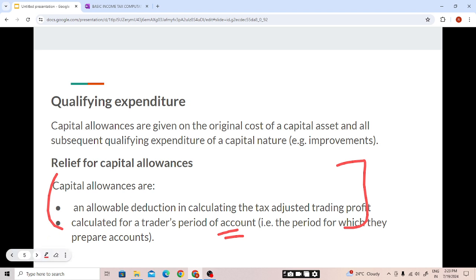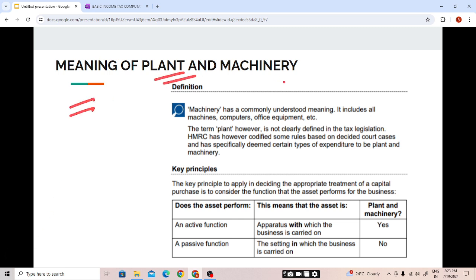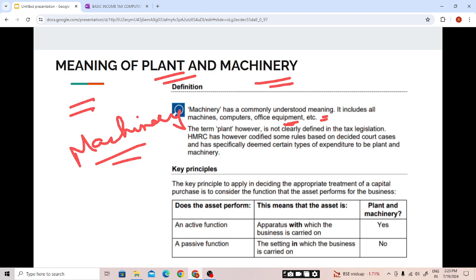Now students, we will be seeing the definition of plant and machinery. Machinery has a commonly understood meaning. It includes all machines, computers and office equipment. So students, as we are already familiar with the word machinery, we can identify what the term machinery means.